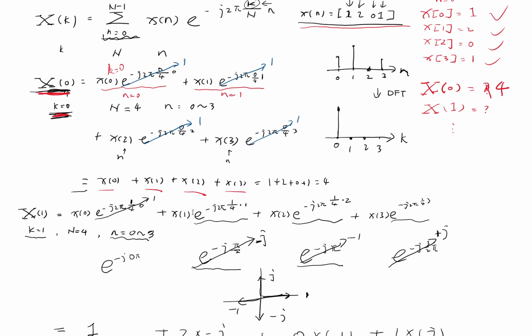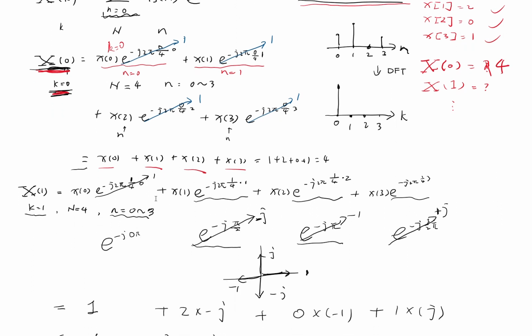And for the second one, a similar thing here. You just plug in numbers, and you will find this first term, e to the order of j 2 pi 1 over 4, times 0. So it's 0 degrees. So this is the plot for e to the order of negative j 2 pi multiplied with something, okay?